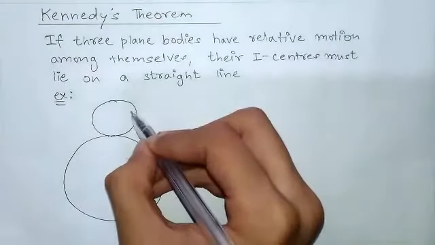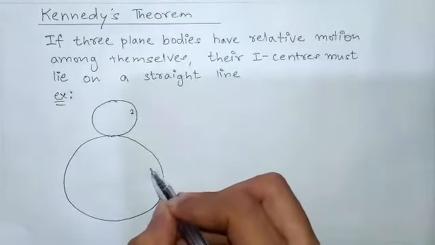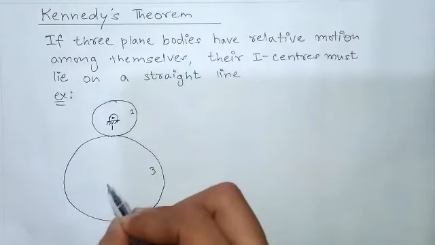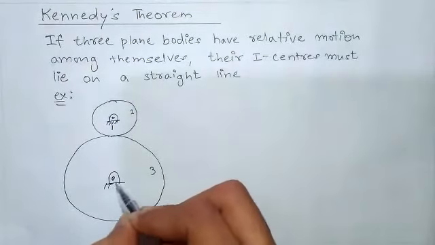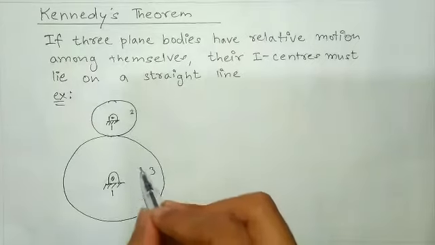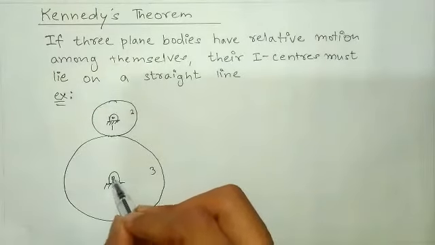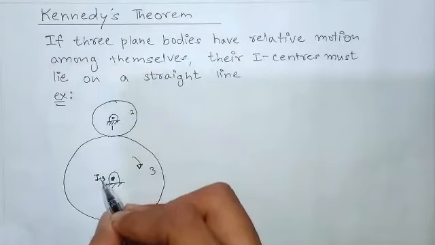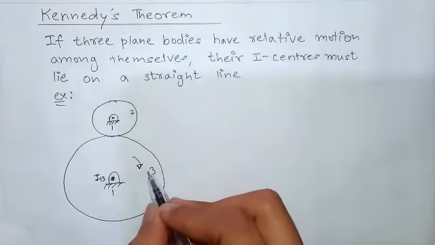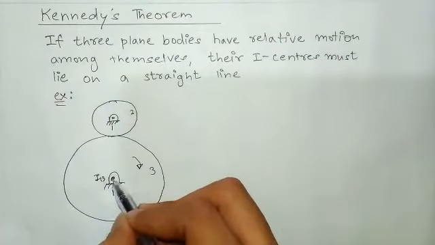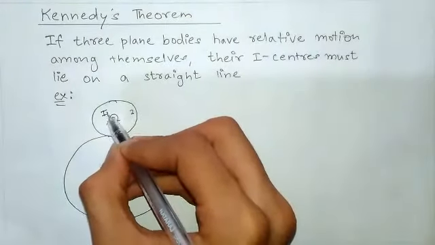Let us say this is body 2, this is body 3, and they are fixed to a particular frame, which is body 1. This is also body 1. Since gear 3 is moving in purely rotational motion about this point, this is I13. I13 basically means that body 3 is in purely rotational motion about this point. Similarly, this is I12.